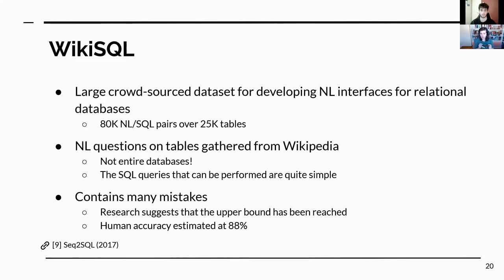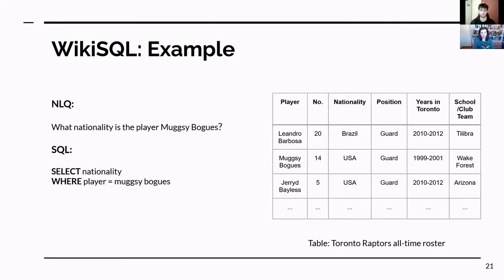And let's see two examples, one good example and one bad example, to get an idea of how these WikiSQL queries look like. For example, here we have a table from Wikipedia about players. The NL query says what nationality is a player marks the box, and we see the paired SQL query.